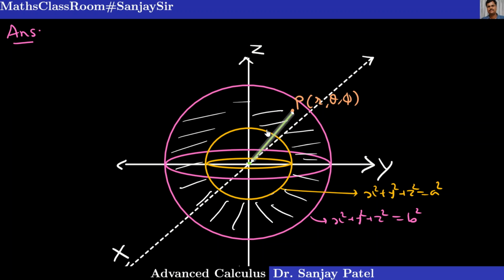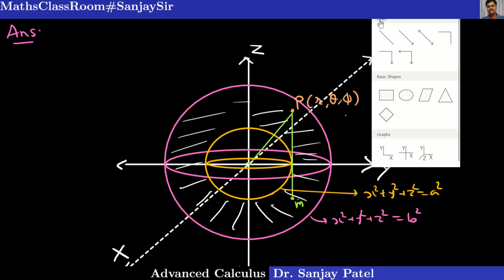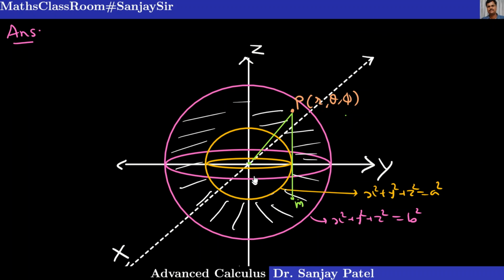So this is your r, and we draw a perpendicular from point P onto the xy plane. Suppose M is the foot of the perpendicular, then we join the origin and this foot of the perpendicular.